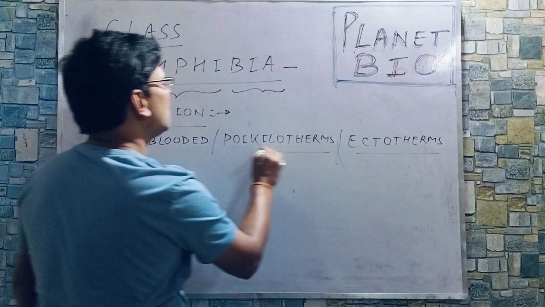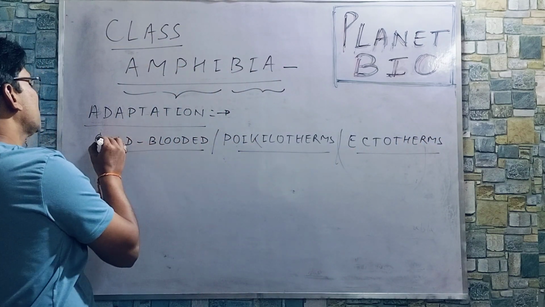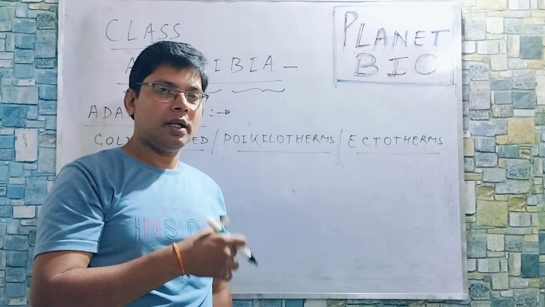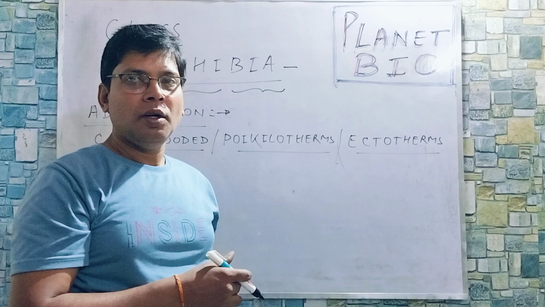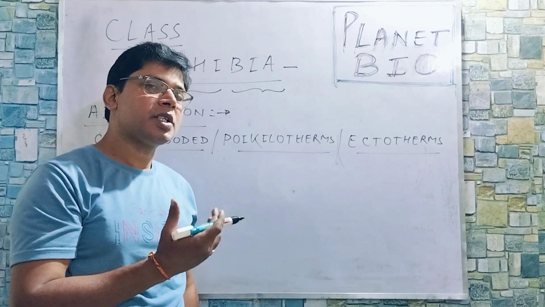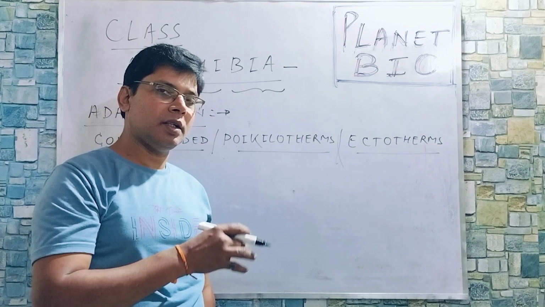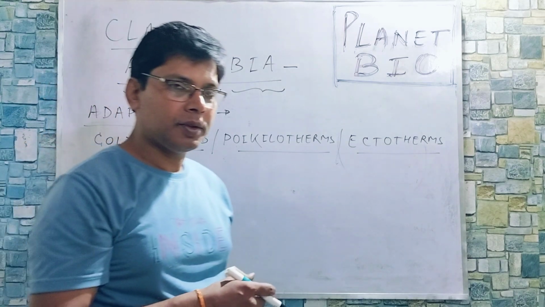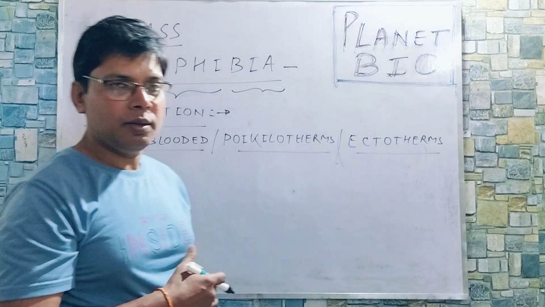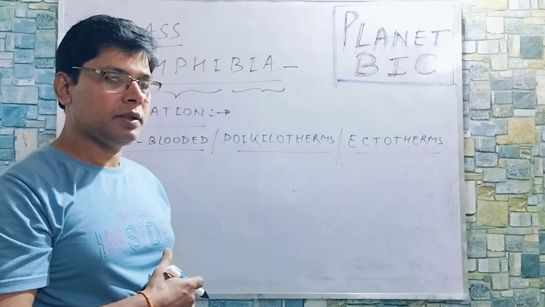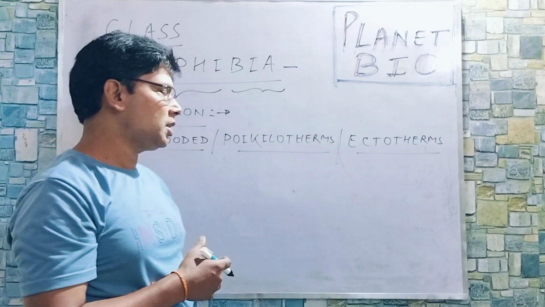This condition relates to the body temperature and the surrounding temperature. With the changing atmospheric temperature, the body temperature changes. It does not remain constant or fixed all the time, as in us. We are warm-blooded, endothermic, homeothermic animals.